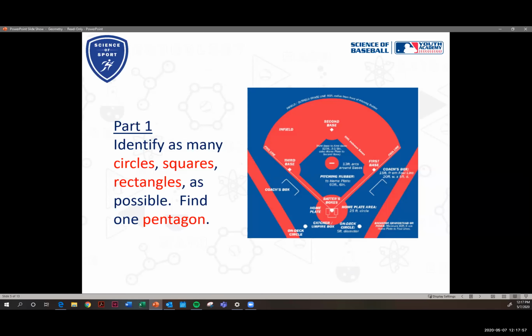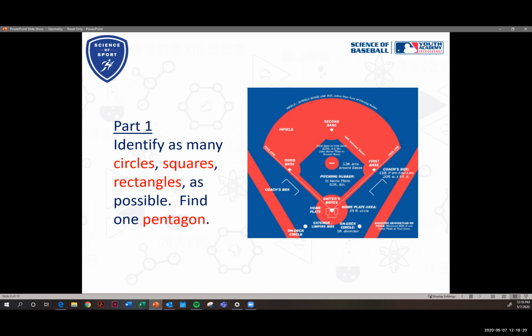The pentagon that Daren mentioned is down towards the bottom at home plate. That's important to know because that is where the batter stands, where the majority of the action occurs, and where the umpire is looking to determine whether the ball is a strike or not.